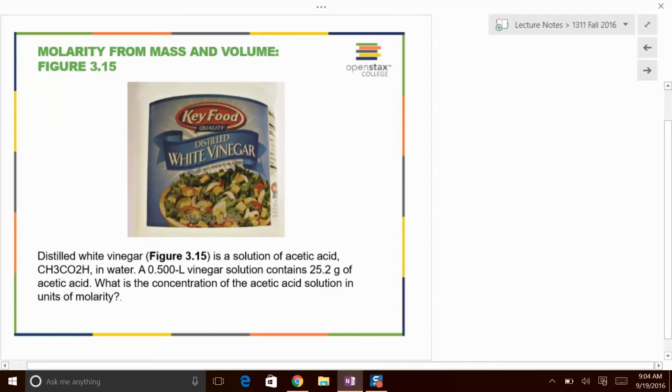Let's try another example. Distilled white vinegar is a solution of acetic acid, and there's the molecular formula. A 0.5 liter vinegar sample, so a 500 milliliter sample, contains 25.2 grams of acetic acid. What is the concentration of the acetic acid solution in units of molarity?